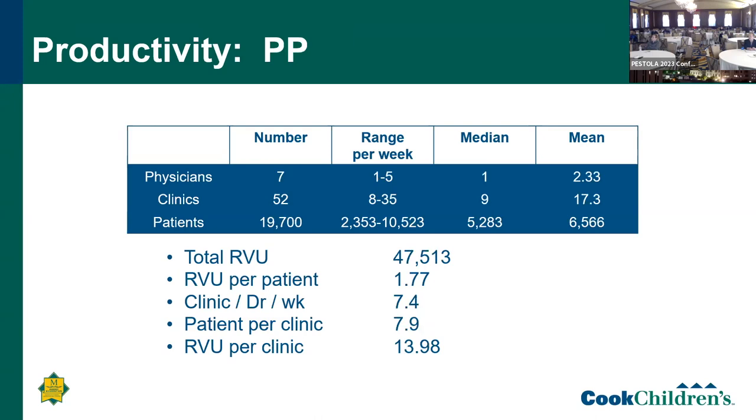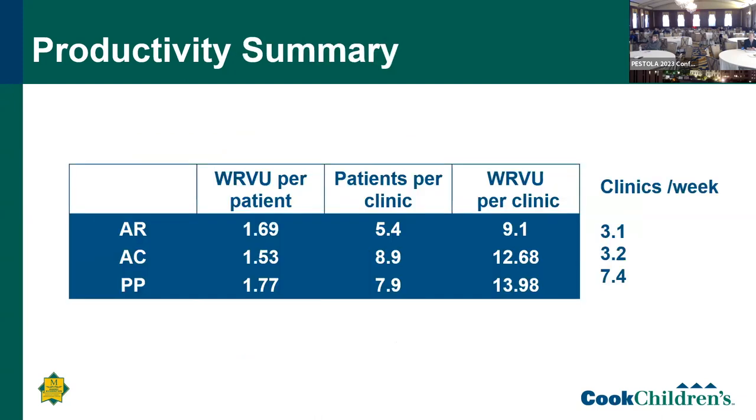And if you looked at the people in private practice, they actually were billing high, because they're focused on correct billing and making sure that every dollar that possibly can be earned is earned. So they're maximizing their billing per patient. They're doing more clinics a week. They're seeing the same amount as the clinicians in the academic centers, and their RVUs are slightly higher, just because they're doing maybe slightly more efficient billing.